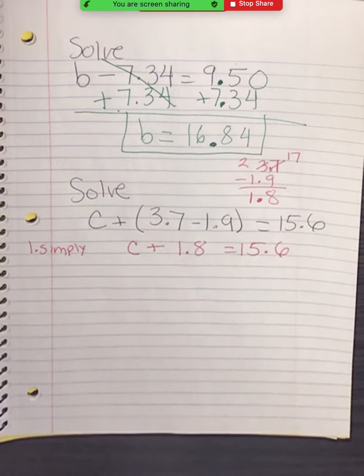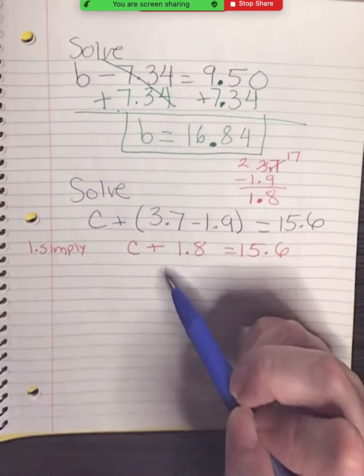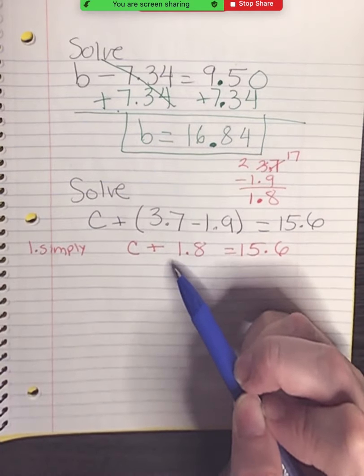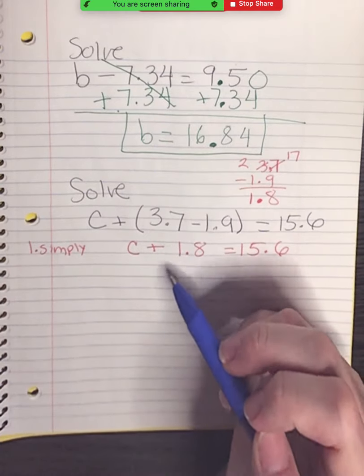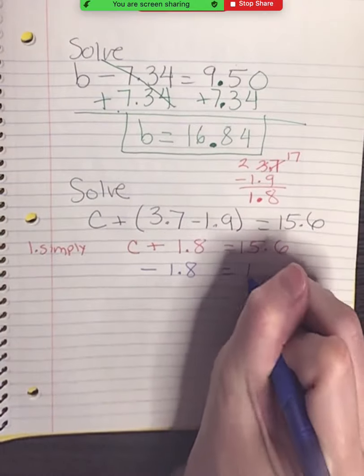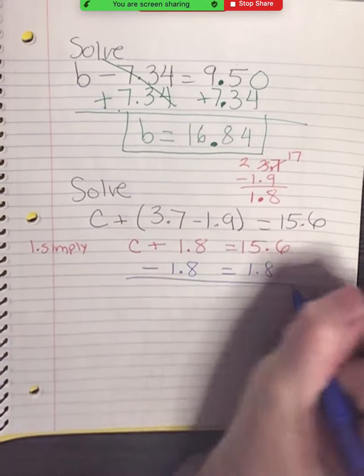Then you have 15.6 minus 1.8, line up those decimals. Okay, 6 minus 8 you can't do, so you're gonna make that a 16 and borrow from the 5. 16 minus 8 is 8, bring down that decimal. 4 minus 1 is 3, and 1 minus 0 is 1.